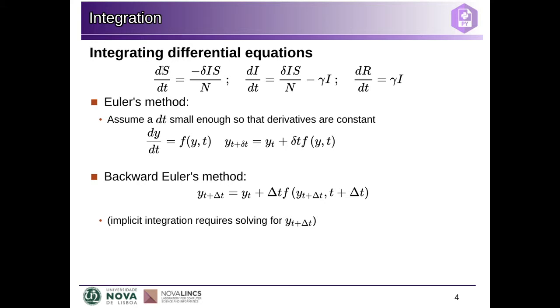But basically we have this S, which is the people who are susceptible to the disease, so the number of people who can catch some disease. We have the I, which are the infected people, those who carry the disease and can infect others. And then we have the R, which are the recovered, those who had the disease and no longer can catch it. So they are now immune to the disease.